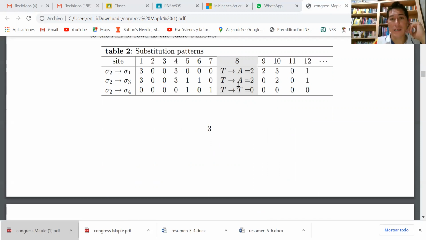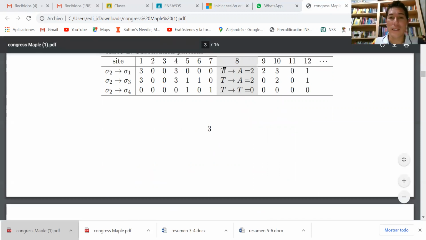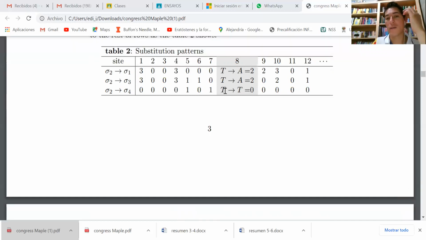For example, at site 8, we saw that we need a substitution from lineage 2 to lineage 1, changing T to A, from lineage 2 to lineage 3, changing T to A, and from lineage 2 to lineage 4, showing no change.